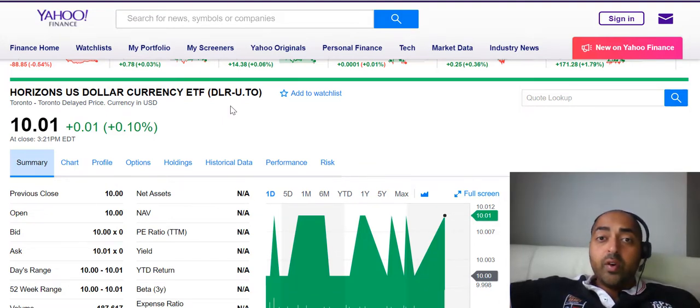Between the request and when you actually receive the shares, this ETF moves. You might have made the request on a day where you were satisfied with the spot price, but by the time you receive the DLR-U shares, it could have gone up or it could have gone down. So you might not end up converting at the price that you actually wanted.